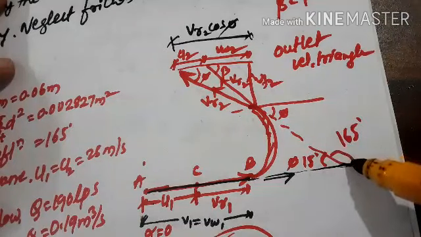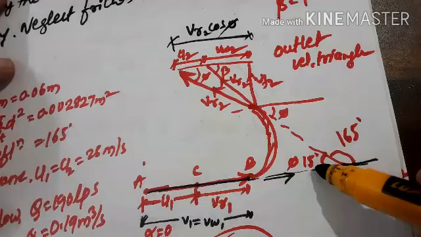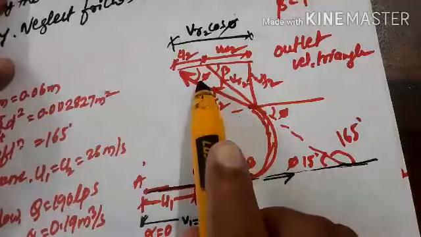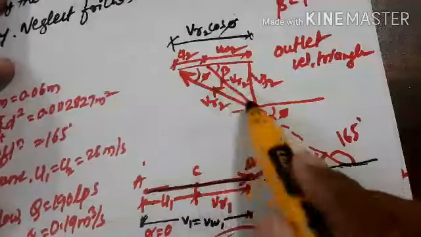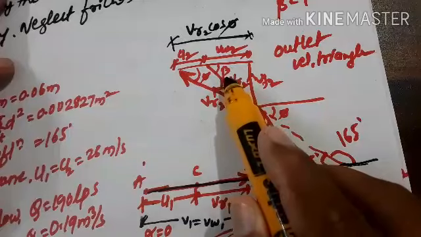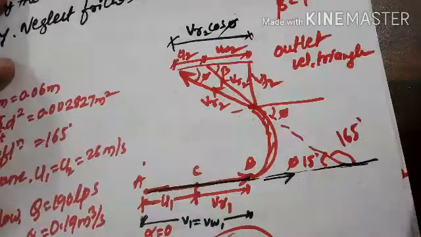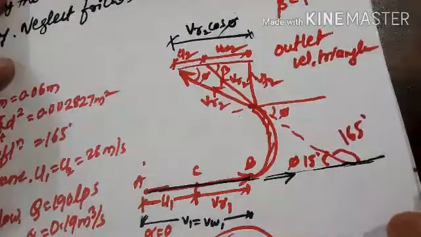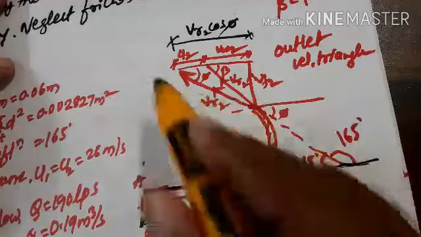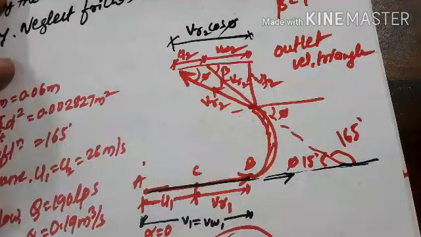So total angle is 180 degree, 180 minus 165, you will get 15 degree. Then again you draw the VR2, then you will get beta. Beta is less than 90 degree, hence the equation will be VW1 plus VW2.